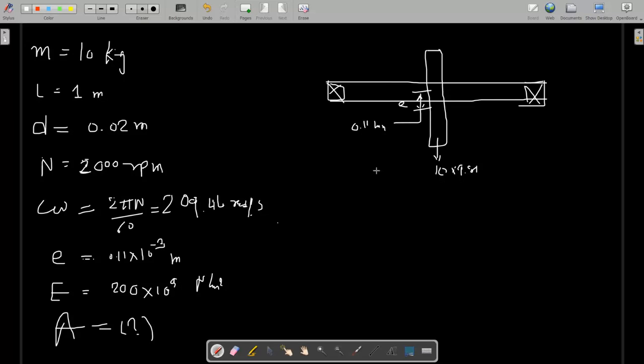Okay, and for the steady state amplitude, in steady state the deflection is due to the weight, and it is called static deflection. So the static deflection delta S, in case of a simply supported beam, we have studied in strength of materials, is WL cube upon 48 EI.